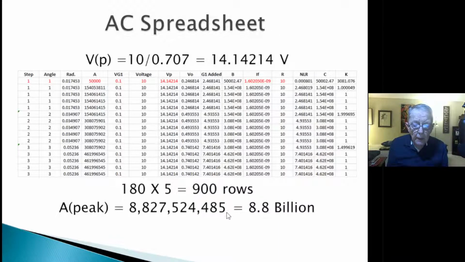The peak is at 90 degrees, not 180, because it went up and then down. I didn't display it here because that's 900 rows for crying out loud. But that's what the value was.